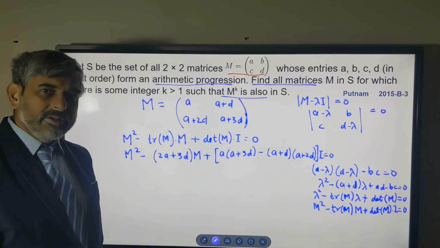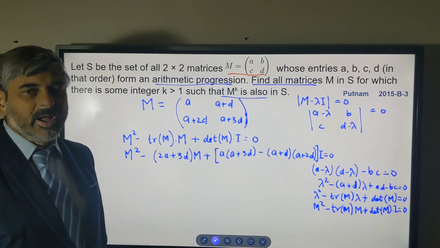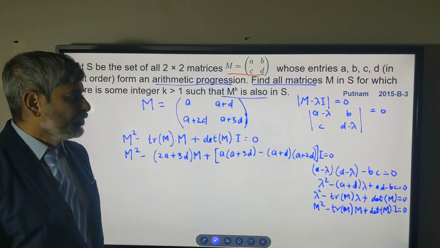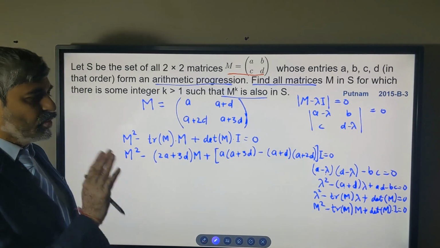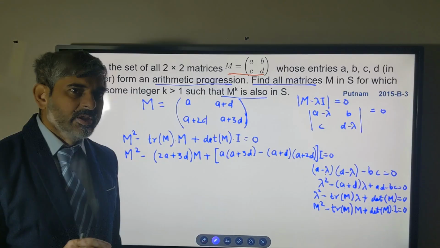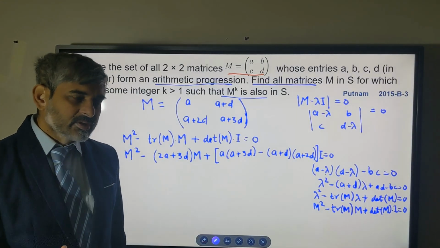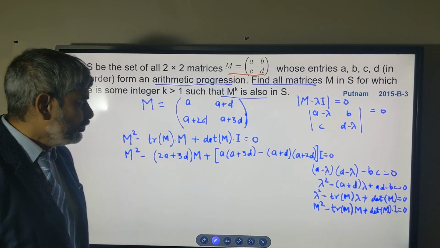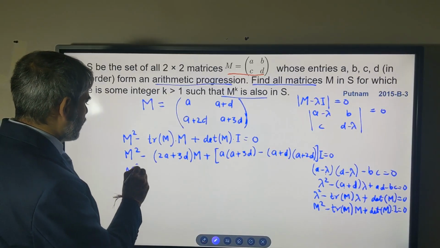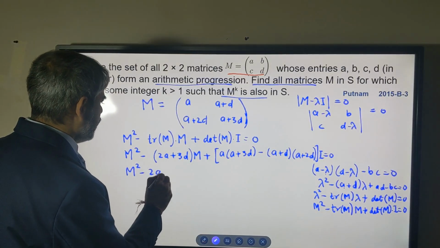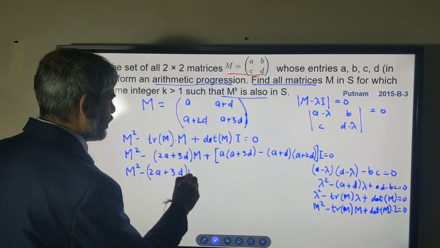If M square is not in AP, we will go to even higher powers, M cube, M to the 4, and so on and so forth. The picture will become clear only when we start doing this. So that is what you need to do in some exams. You keep trying, keep writing something with the thought process that I'm going to try here. So I can write M square minus 2A plus 3D, and we need to simplify this one.